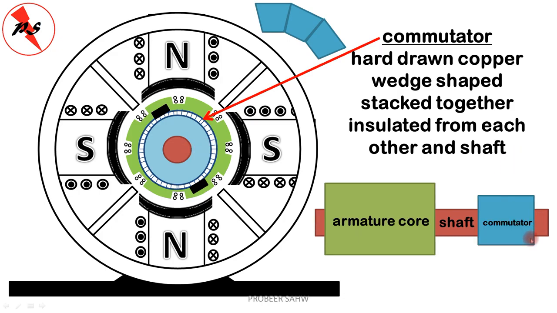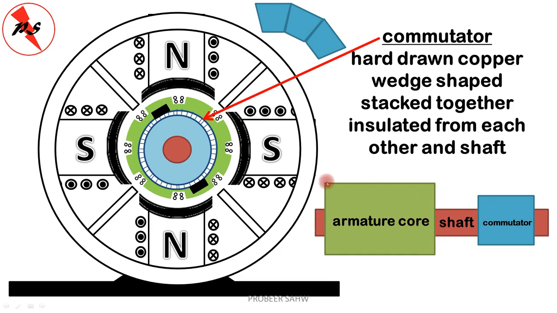The commutator also has a large diameter. It is larger than the shaft but smaller than the armature core. The axial length is also smaller than the armature core. So we have a shaft, a long cylindrical structure around which an armature core is put. The armature core has short length but large diameter.